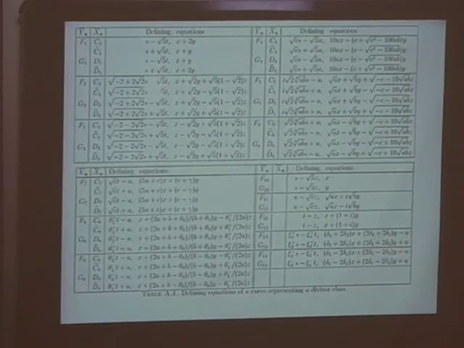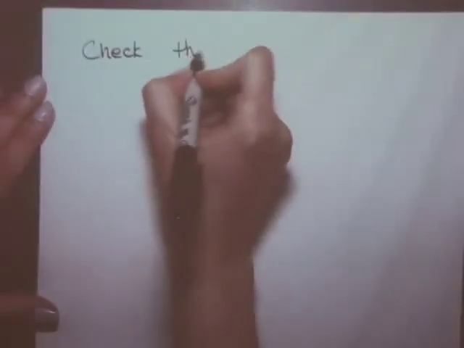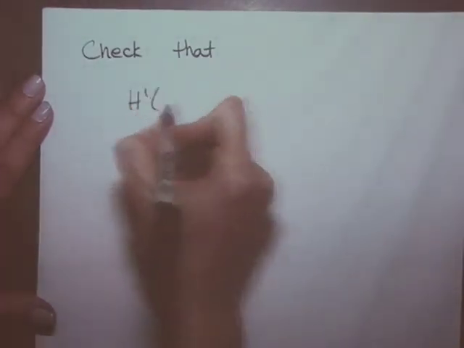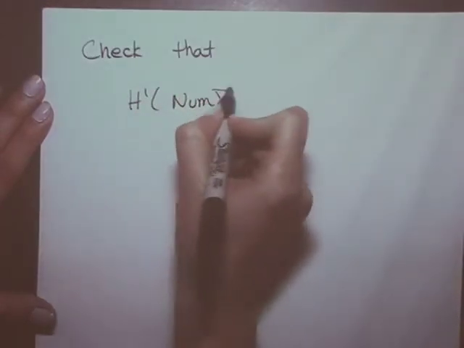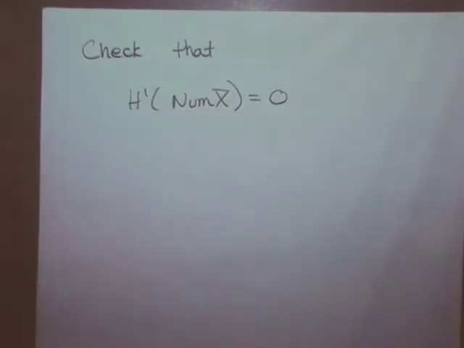There are only finitely many possibilities for the index 2 subgroup, and we just check that whatever the superlattice that contains it is, its H1 is trivial. So H1 of Num X bar is 0. We don't exactly have generators for it, but we know enough information that we can compute that this is 0.